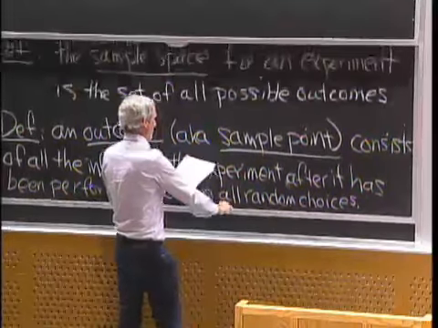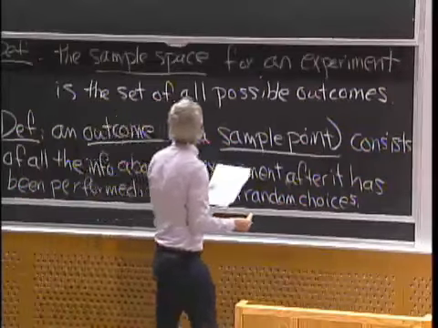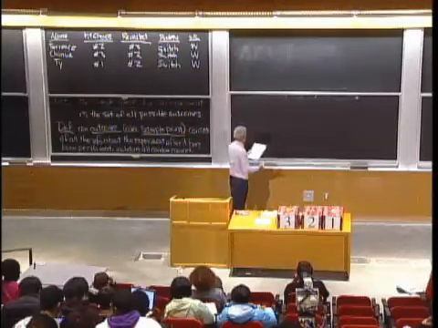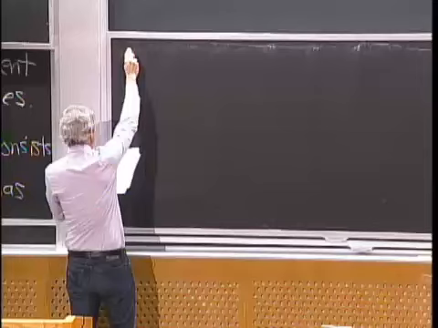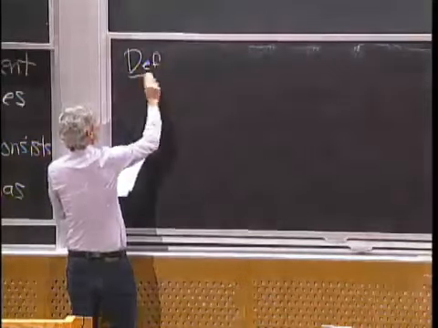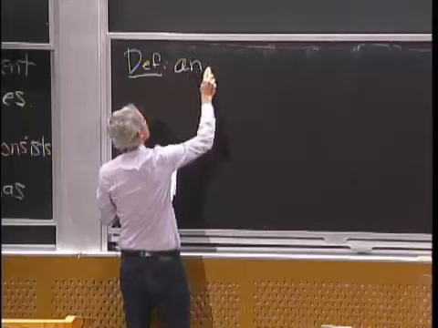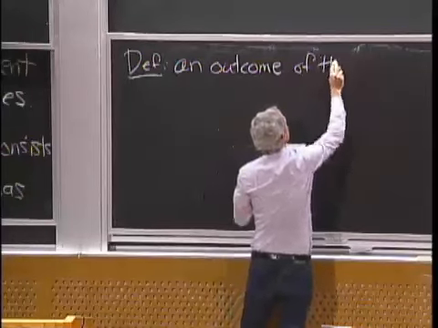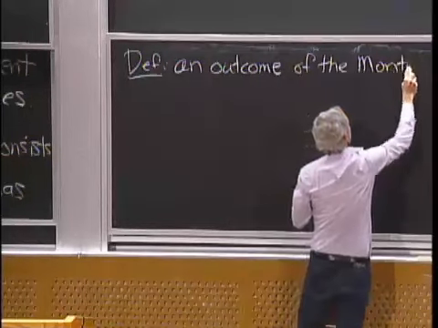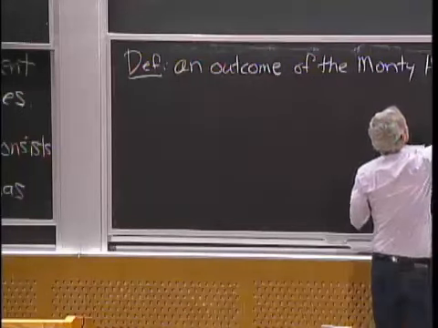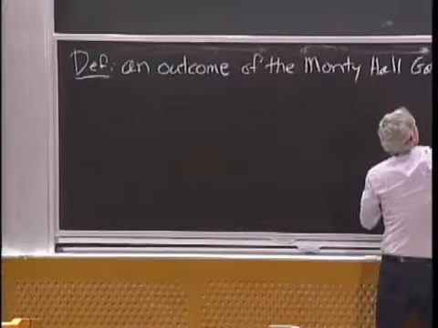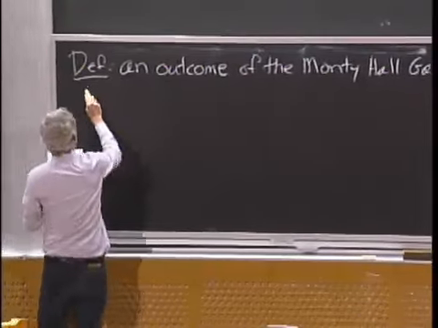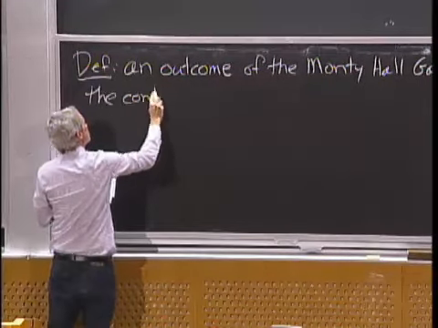For example, say we want to know the probability of winning in Monty Hall if you switch. All right, let's figure that out. So in that case, we're going to define an outcome of the Monty Hall game, or a sample point. And I'm assuming in this case we know you're going to switch. And the contestant switches.